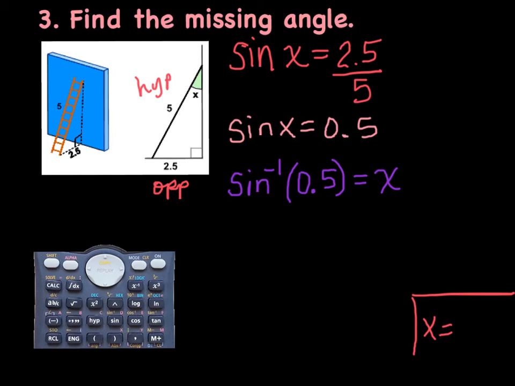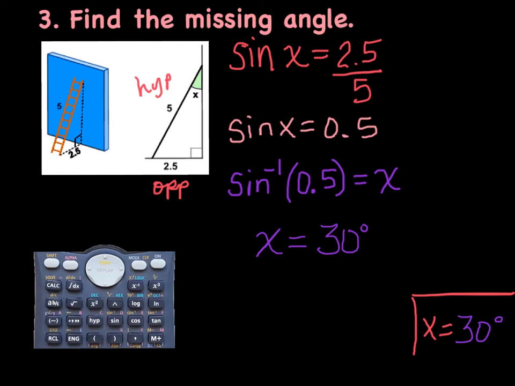So let me go ahead and do that. I'm going to push shift, sine, that puts me at inverse sine, and put in 0.5, and I get that X equals 30 degrees. That was pretty easy, 30 degrees.